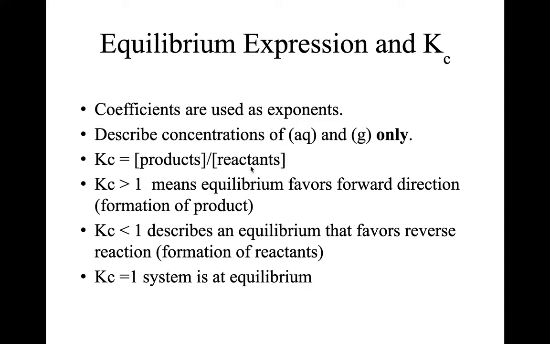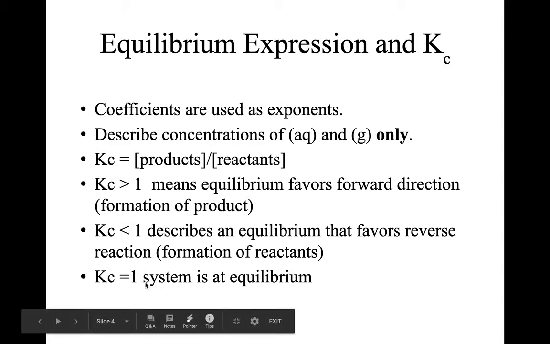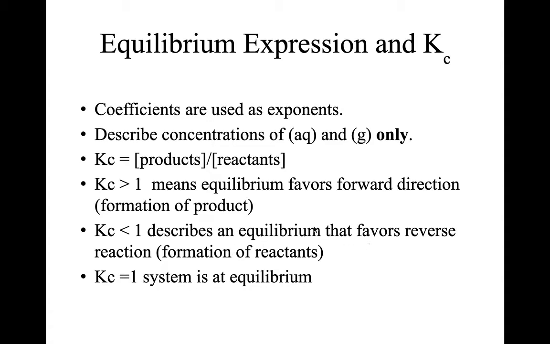There are more reactants than products. For this number to be a fraction, to be less than 1, the denominator must be bigger. If it equals 1 exactly, then our system is at equilibrium. There's an equal balance between both reactants and products. The concentration of each would be perfectly equal.